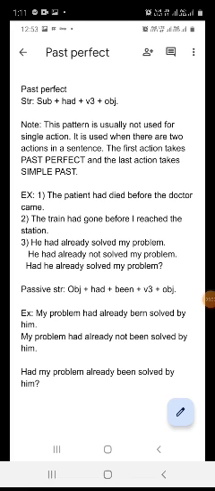Will you tell me which one is the first action? Going of the train is the first action. Right? Going of the train is the first action. And what is the last action? My reaching. My reaching is the second action.